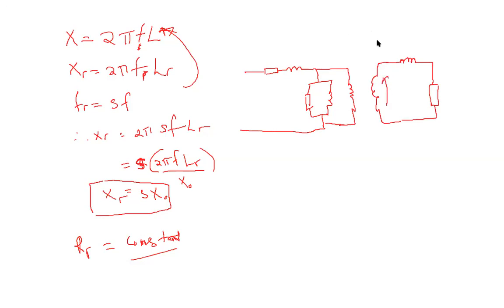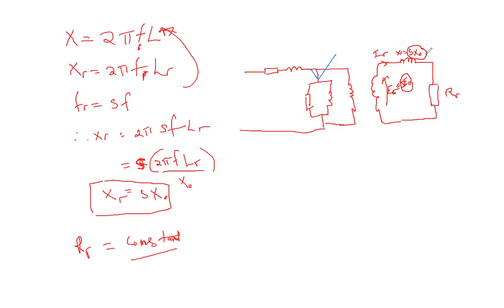This side is not going to change, it's still fine. The difference we have now is that here we're going to have ER, which is now equal to S E naught. And then here we're going to have XR, which is now written as S X naught. And then we have our R remaining the same, and our I remaining the same. So instead of putting ER, you're going to put this. Instead of putting XR, you're going to put this. So we are going to work with this now.